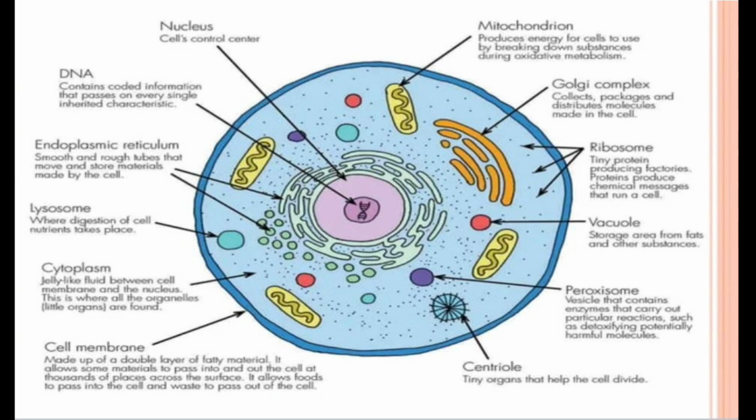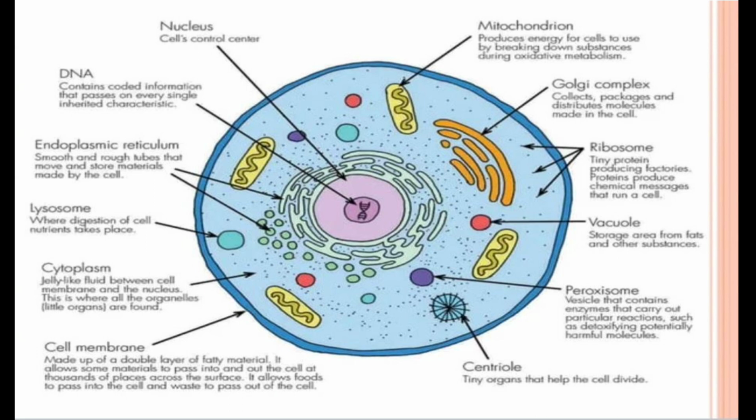So in the cell also, the nucleus acts as the brain which controls the other activities of the cell. And the other organelles are mitochondria, Golgi complex, ribosomes, vacuole, and next peroxisome, and this blue color is called the centriole. Next comes the outer membrane, that dark blue membrane, which is the outer covering, the cell membrane.